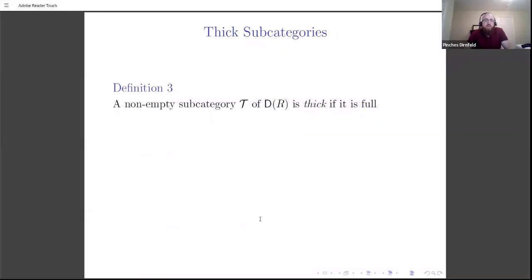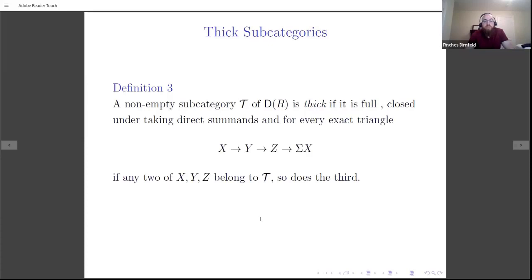So, definition: a non-empty subcategory T of the derived category is thick if it's full, it's closed under taking direct summands, and it satisfies the 2 out of 3 property.